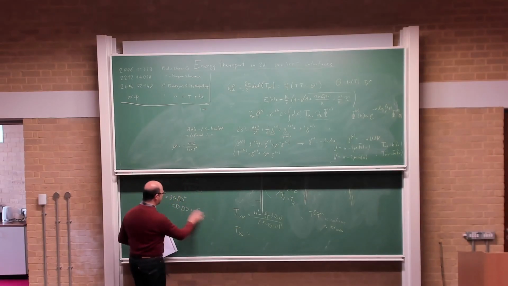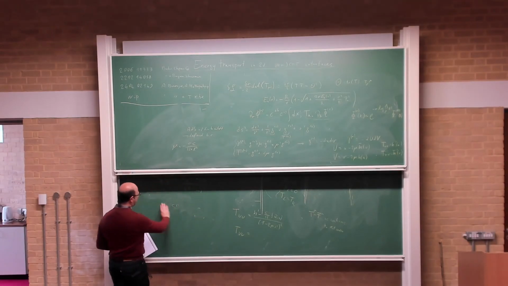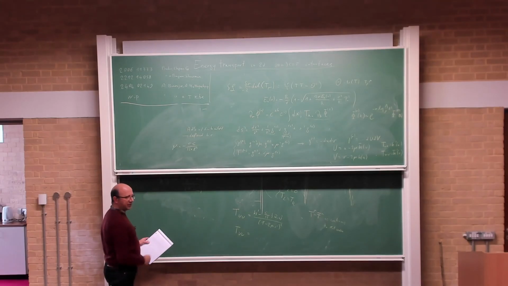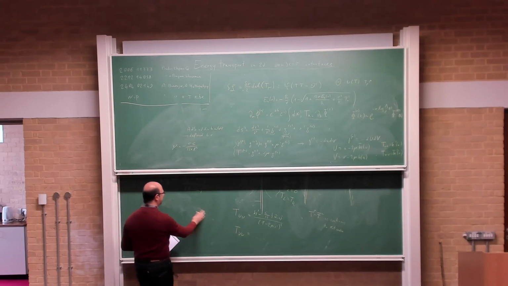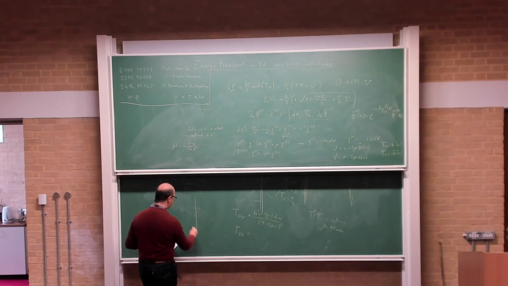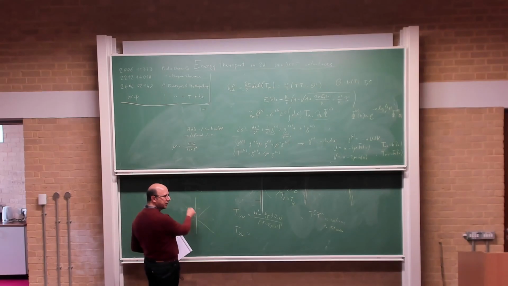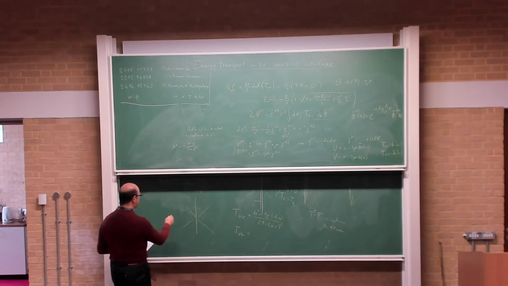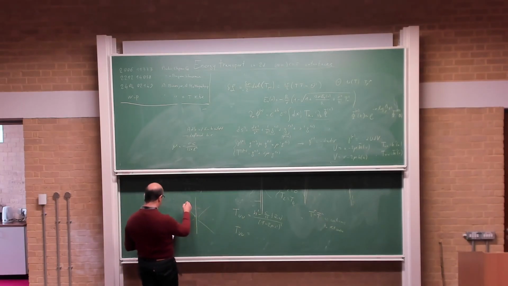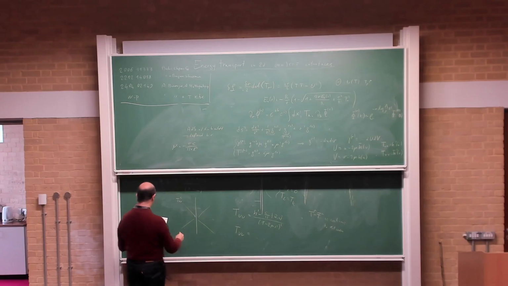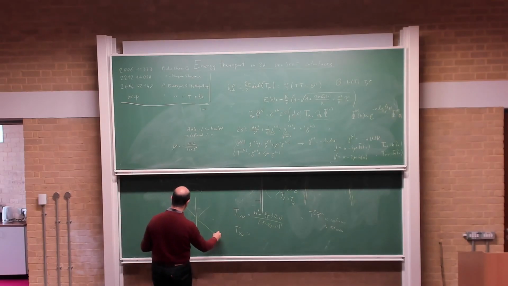As before, in the conformal case, I can find the transmission coefficient in this way. I have these left and right modes, incoming and outgoing. So let's say that this is TVV left, this is TUU left, and this is TVV right.